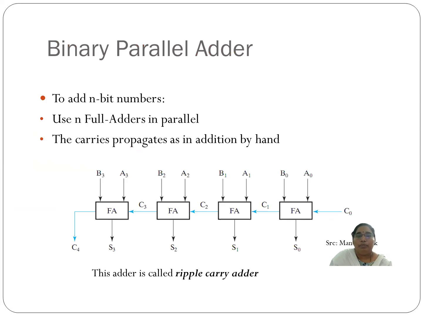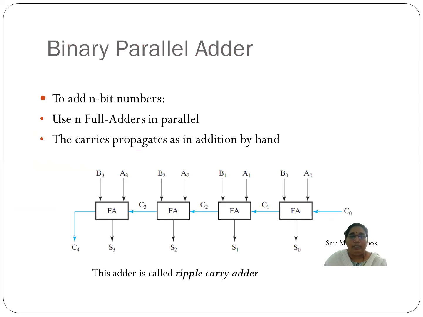So n plus 1 bit result we will get at the output of the full adders. So this is how we achieve arithmetic addition in digital logic circuits. Not by implementing a complex combinational circuit, but a simple circuit like this, an iterative circuit.